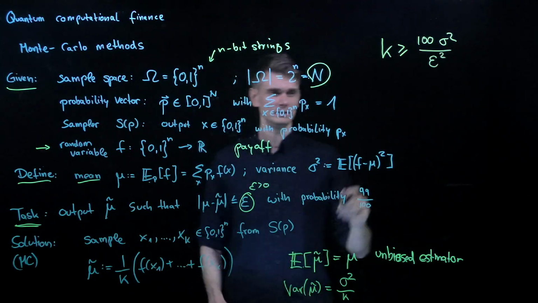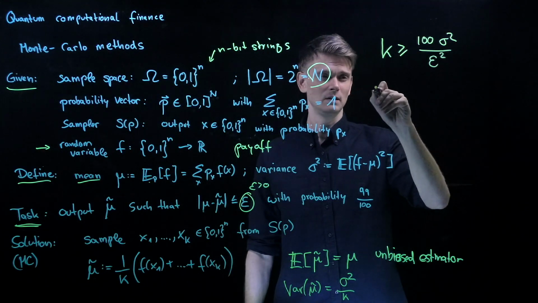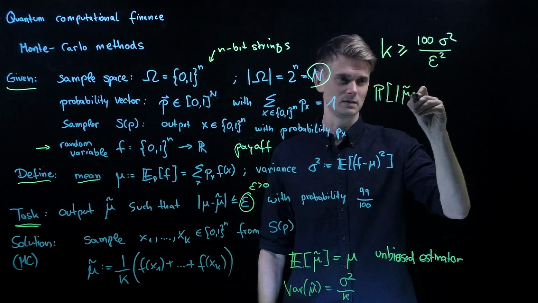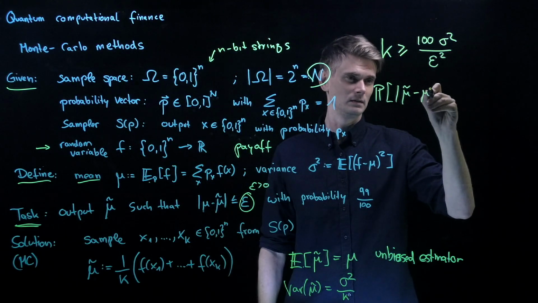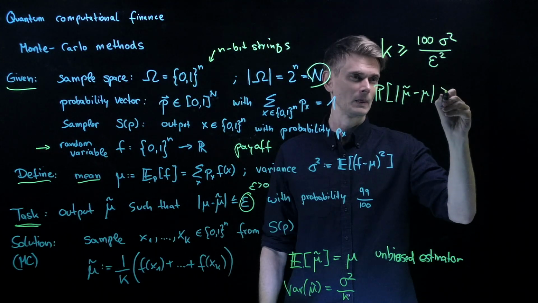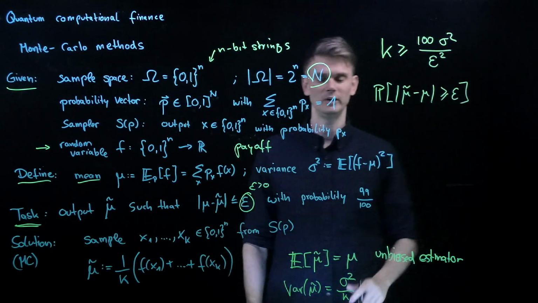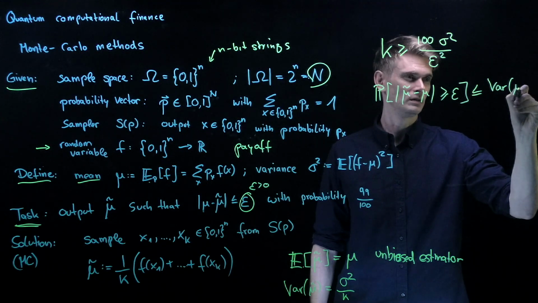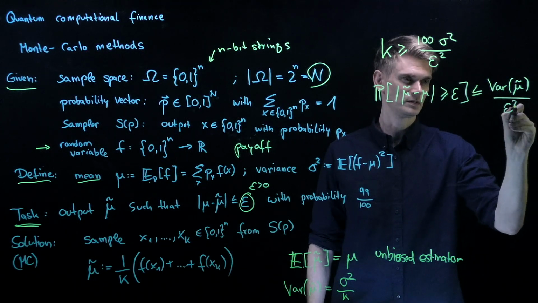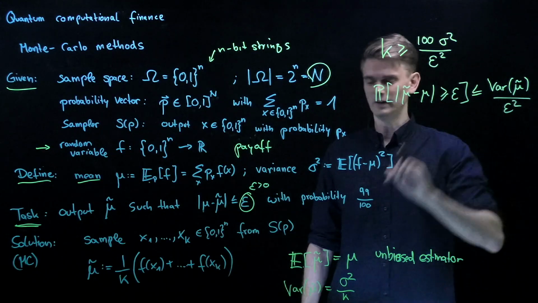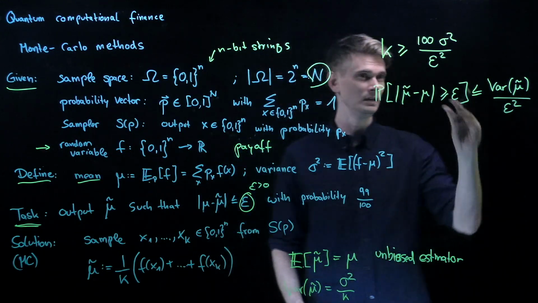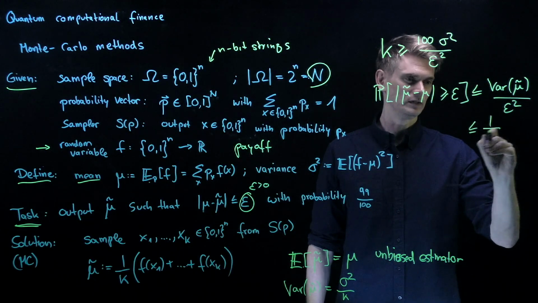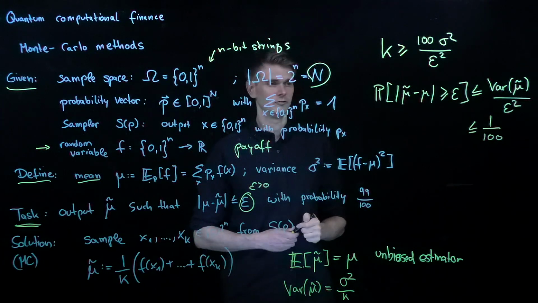If we choose k like that, then by Chebyshev's inequality, we can show that the probability that our estimator is farther from the mean than epsilon, so the failure probability, is smaller than the variance of our estimator divided by epsilon squared. If we plug in the variance that we've computed, sigma squared over k, and plug in this lower bound for k, we obtain 1 over 100. So this is the failure probability.